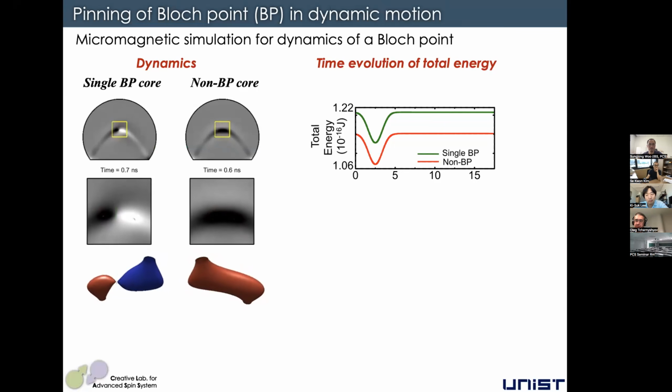So if indeed there is this periodic potential that the Bloch point experiences in an atomic lattice, and you're able to move it through hundreds of lattice spacings, right? And maybe, because it's sort of rubbing against this potential, maybe it emits some spin waves or something like that.